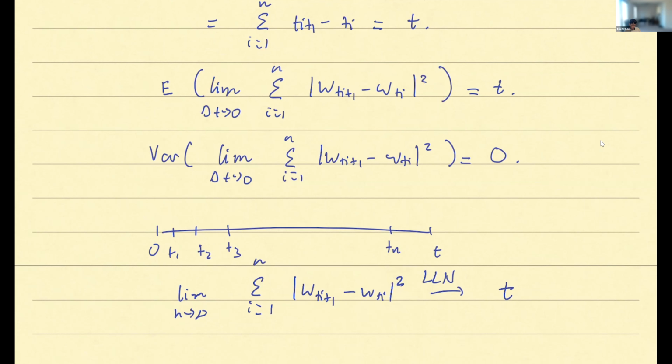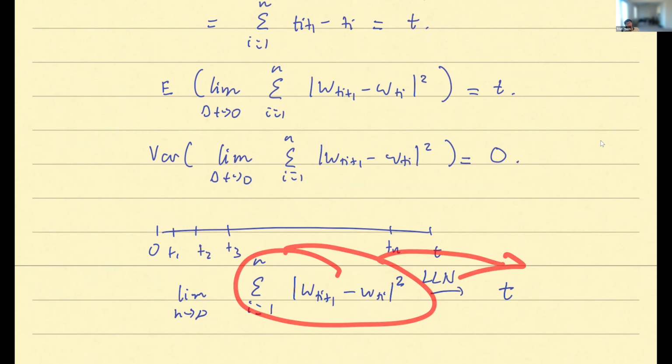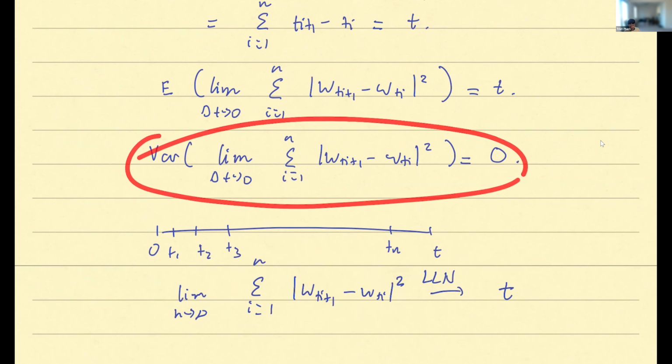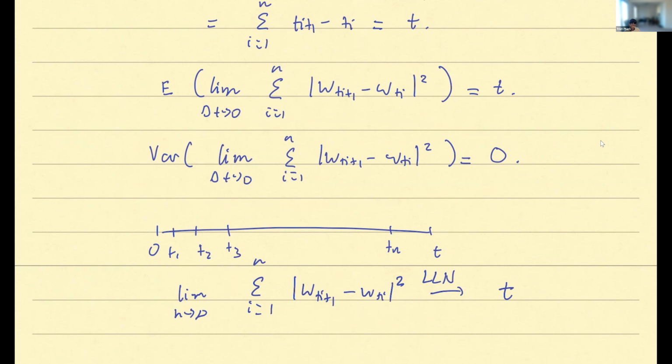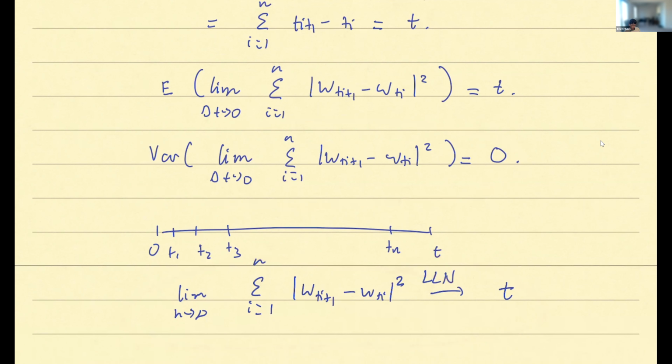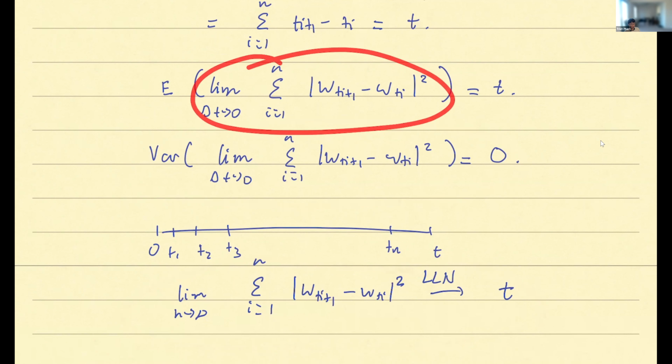So therefore, the sum of these random variables should go to the expectation, which is t. Probably something along the variance like Kareem suggested would be needed, but essentially the central limit theorem and law of large numbers will get you that this limit here is t. You don't need the expectation.